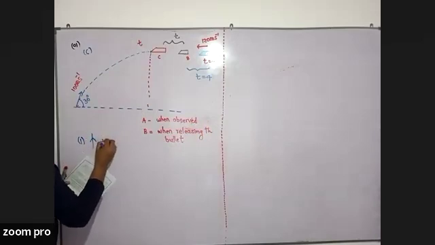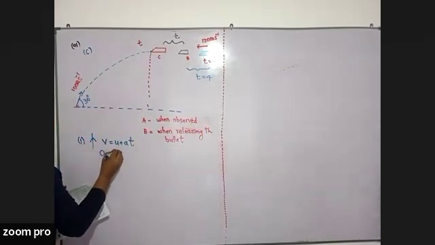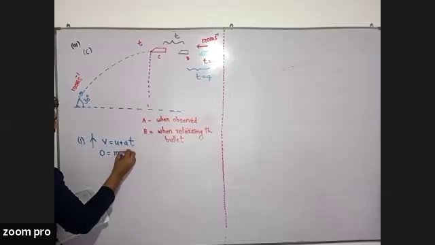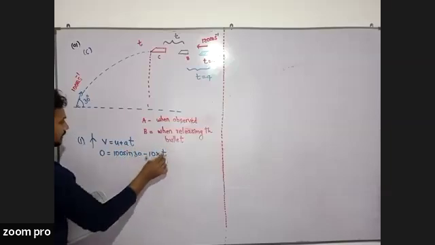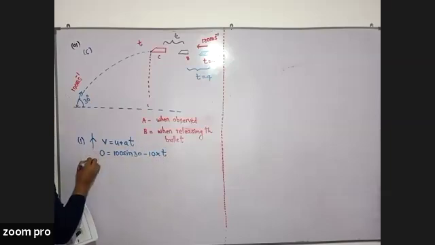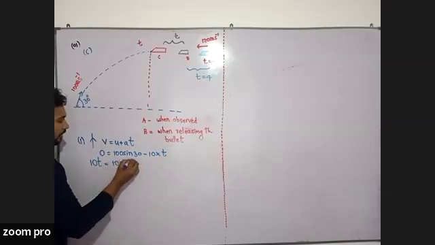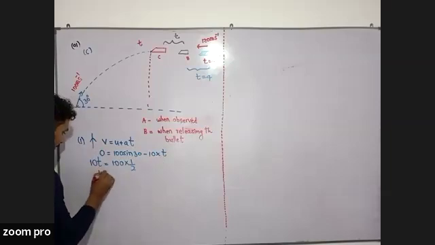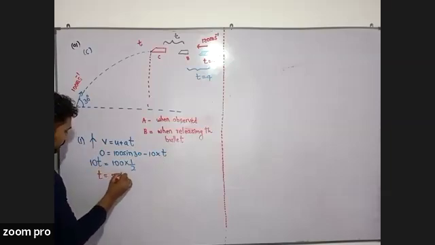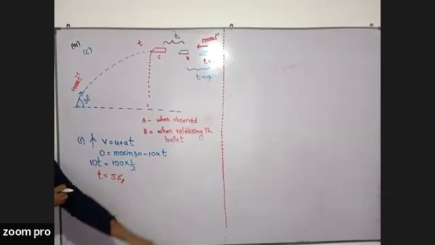Now they mentioned that it's the highest point, so we can use this equation, isn't it? So V should be 0, U should be 100 sin 30, minus 10 into T. So if I take this T, 10T to the other side is converted to positive, equal to 100 over 2. Then T is equal to 5 seconds, right?